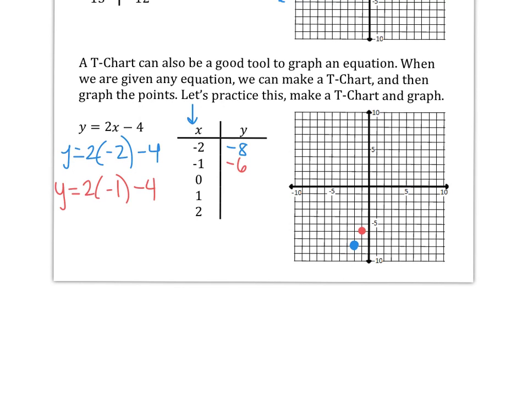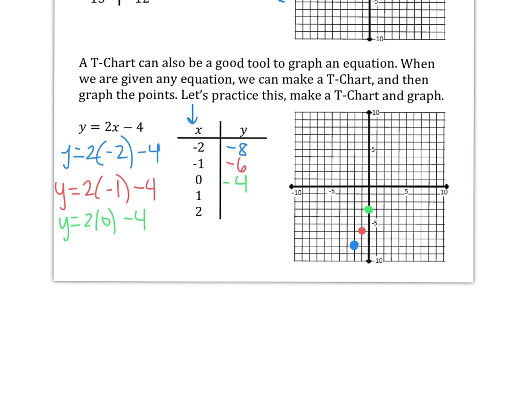And now let's plug in the next value of 0. So y equals 2 times 0 minus 4, and 2 times 0 is 0, minus 4 is negative 4, and then if I plot that point, 0, negative 4 would be right there.